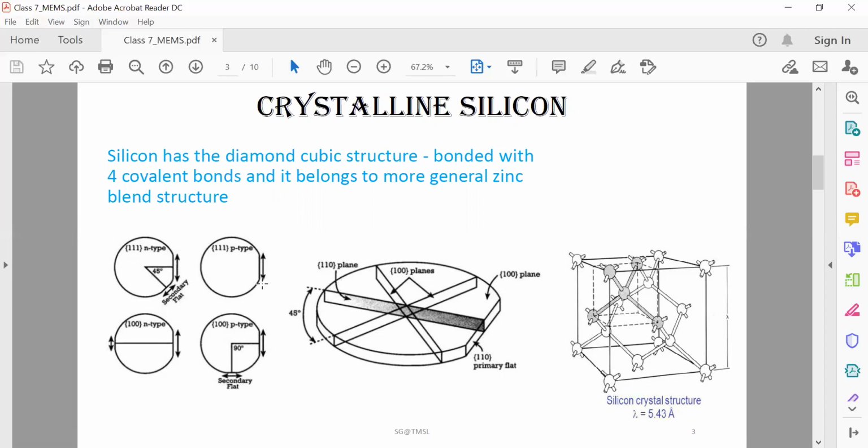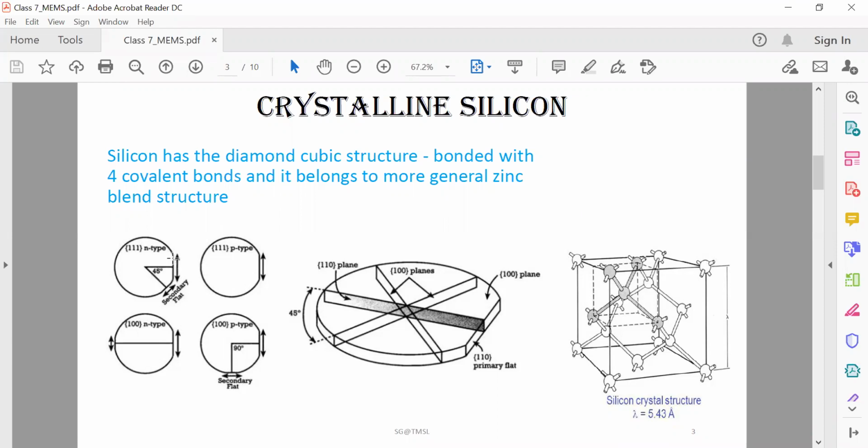Accordingly, by seeing a silicon wafer, we can identify whether the silicon crystal slice has a 111 direction, or a 100 direction, or a 110 direction. So these are the figures. You can see this is cut here. This is known as the primary flat.